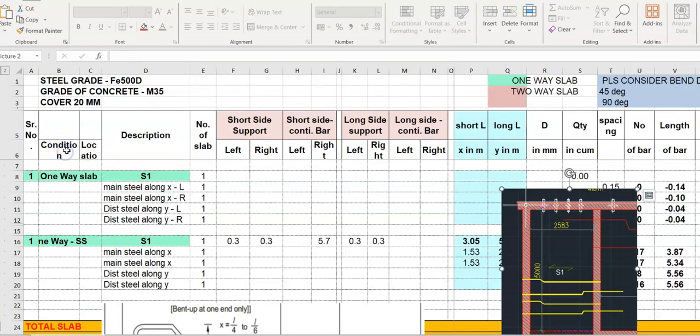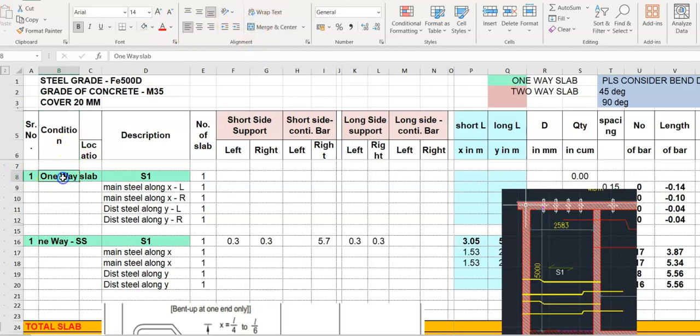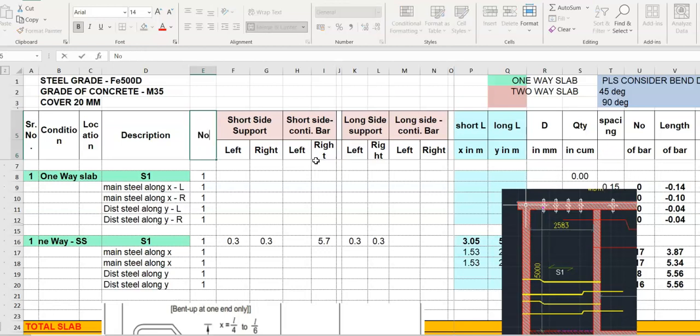We go through the Excel format, required data: grade of steel, grade of concrete, slab cover, serial number, condition (one-way slab, two-way slab), location on drawing, nearest column, nearest beam, description, number of slab, shorter side support, shorter side continuous bar.